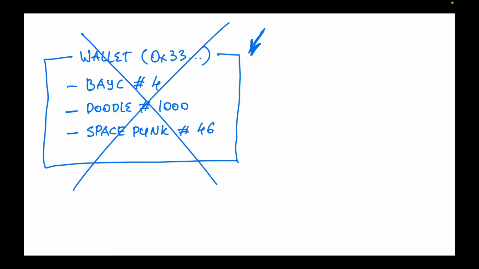It's just an address. So our wallet here is only an address, and we can claim that it's our wallet because we happen to own the private key to this wallet.